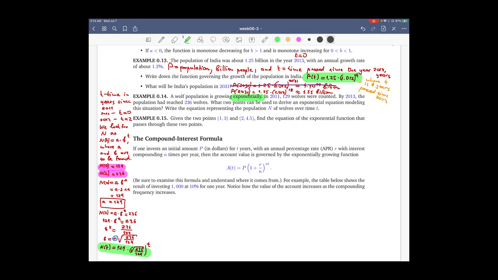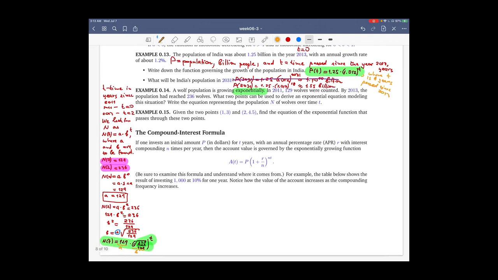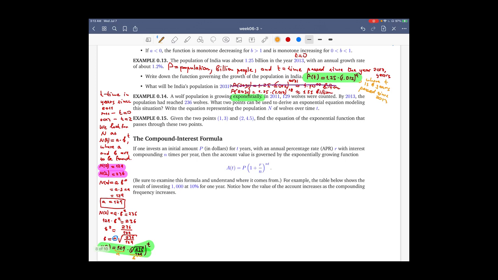Here, 129 is a, and square root of 236 over 129 is b. You can see that this number b is greater than 1, and this exponential function will be growing. The population of wolves grows.